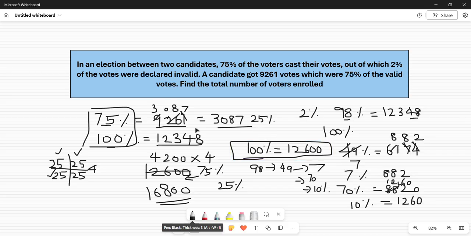But to be honest, if you could understand the thought process, like how to approach these questions, all these numbers will just flow in your mind instantly. Like when you see 98%, okay, let's take it to 49, let's check it to 7, 7 becomes 70, 70 becomes 10.